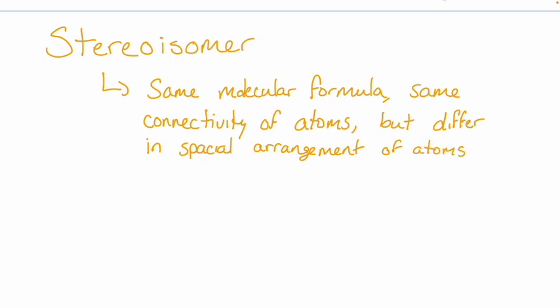Okay, these are something that are going to be unique to rings. Okay, so these aren't going to be true for alkanes all by themselves. Alkanes do not have any stereoisomers, but cyclic alkanes can have stereoisomers.